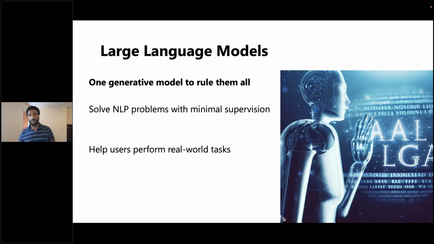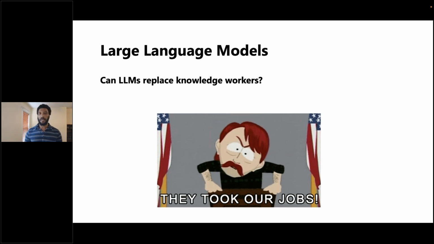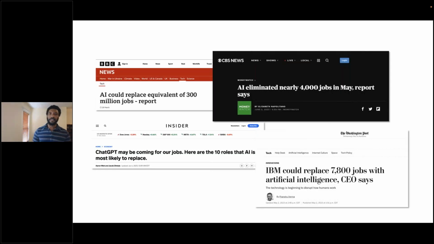All these capabilities are wonderful, but they are also raising the question of whether these models can significantly displace jobs, and in particular, knowledge workers' jobs. It's unclear what the final impact of this technology will be as it keeps evolving.